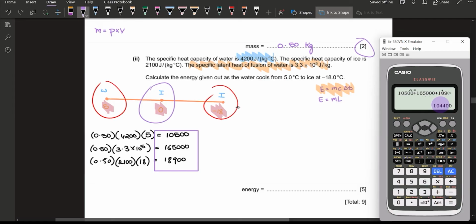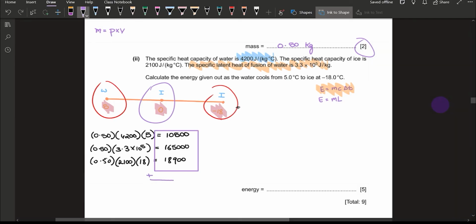We can write the same thing here. We add them, we get 194400, which is also known as 1.9 into 10 raised to power 5. So we can write the same thing here, 1.9 into 10 raised to power 5 joules. And we are done with question number 5.